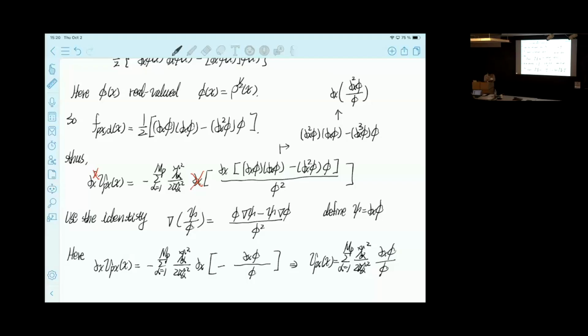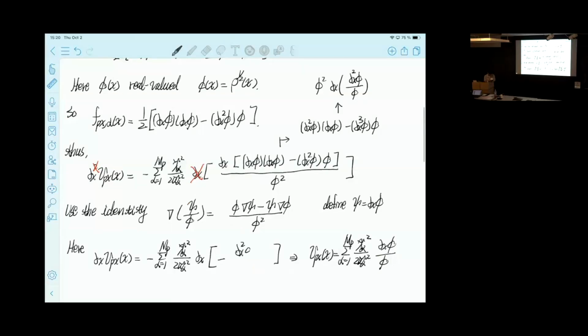Because I want to print all. You have X and then a bunch of other things. Other colors. That's fine.